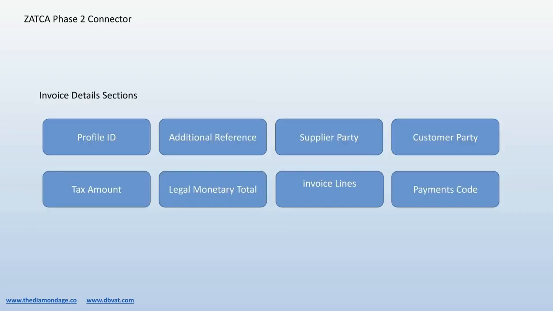So all this information or these APIs, in the end, the target is to connect our invoicing with ZATCA. What are the sections of the invoice? We have the profile as per the requirement, the supplier party and customer party, the invoice line, and the tax information plus the payment information.